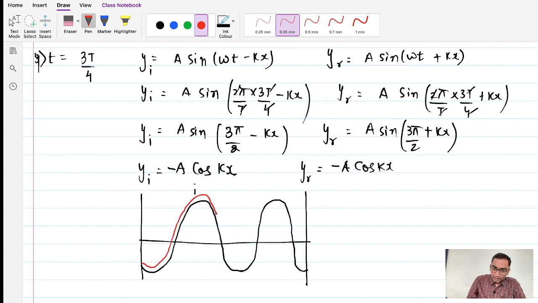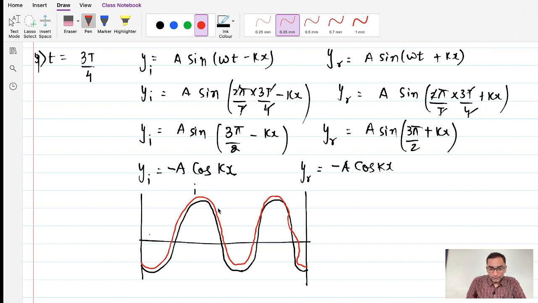It should be exactly over it, but since I am using a different color, I'll have to show it a little bit apart from one another. Slightly ahead or below is what I am expecting. Constructive interference, oh I am sorry I messed up again, but I think you have understood this part well, right?